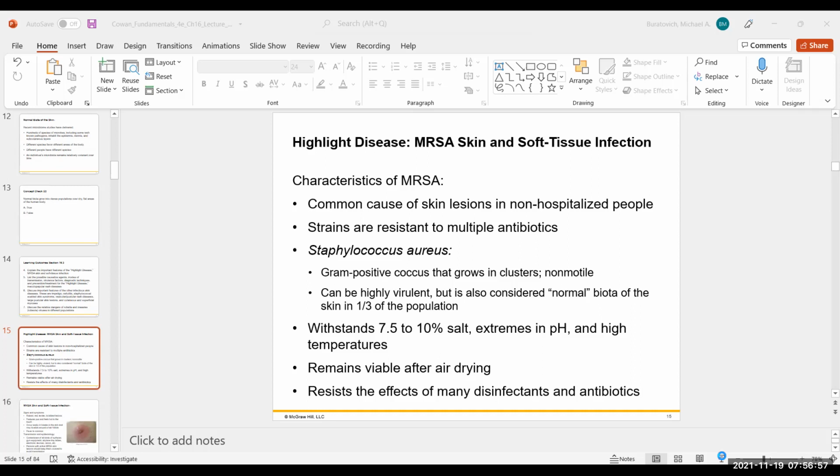Now with bullous impetigo, the cause of bullous impetigo usually is Staphylococcus aureus. And in the case of bullous impetigo, the organism makes toxins that are called exfoliative toxins.